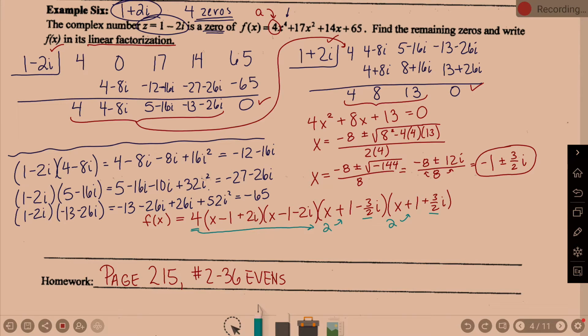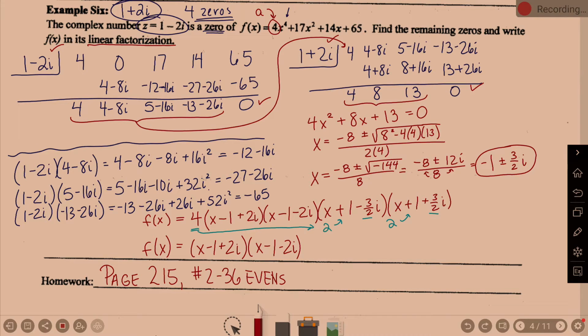So you ready to multiply with me for the final answer? F of x equals, so there's no longer going to be the 4 out front. I'm going to have x minus 1 plus 2i, and x minus 1 minus 2i.